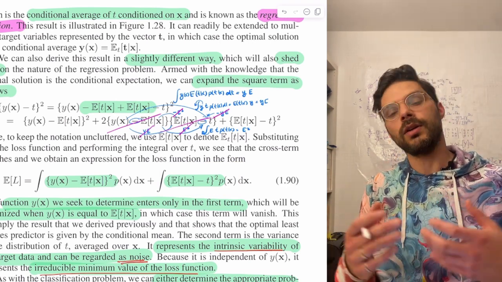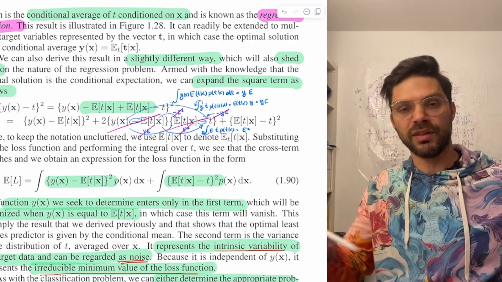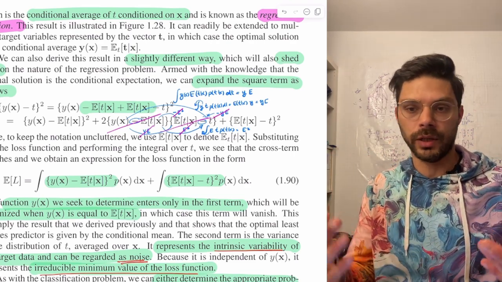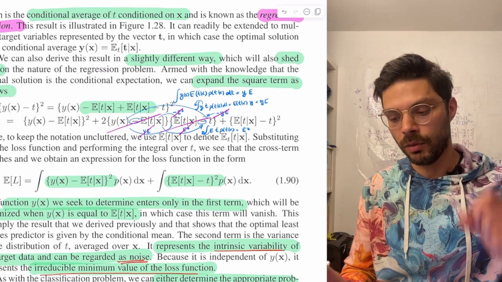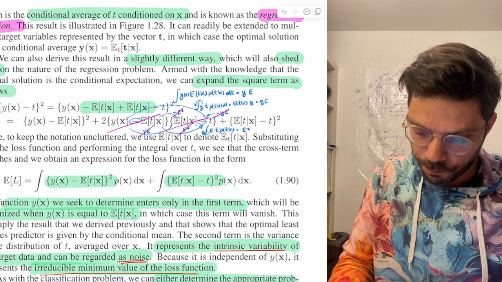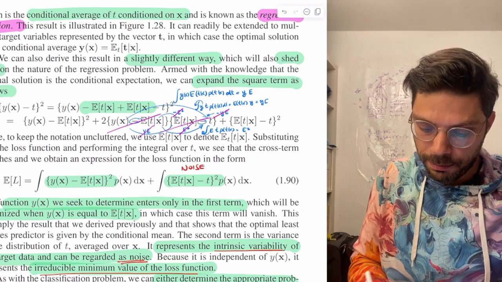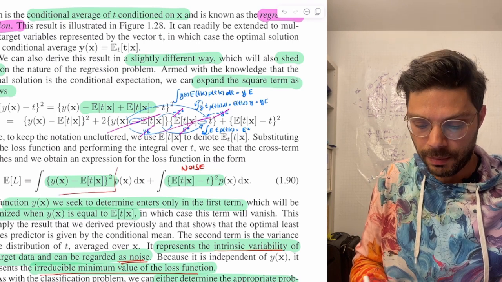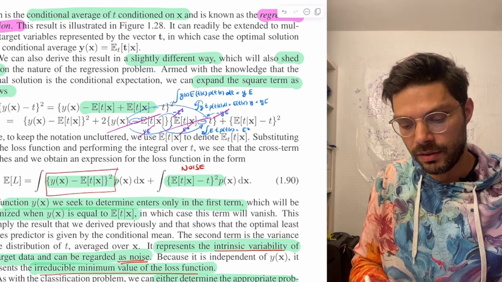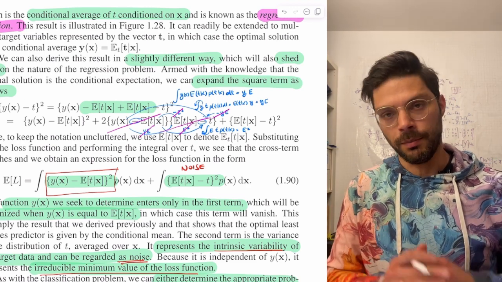Given the value of x, t is just going to have some uncertainty around it that you can't capture with just a single point. So there's going to be some minimum amount of loss that you have to incur. You can call it noise, and that's this term. You can't do anything about that, but this term you can do something about. You can just set y of x to E of t given x, and reduce that component to 0.